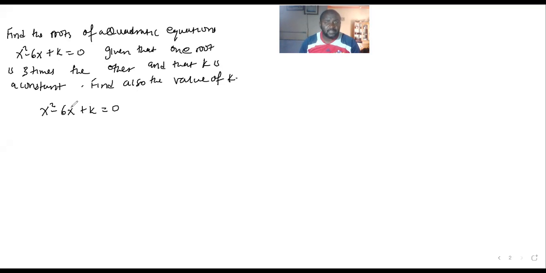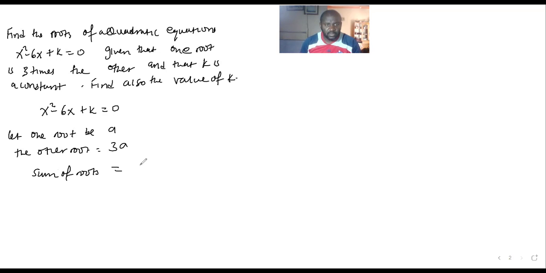They have told us one of the roots is 3 times the other. I can assume one root, let one root be a. The other root is supposed to be 3 times that root, not so? Whereby the sum of the roots is going to be equal to a plus 3a.